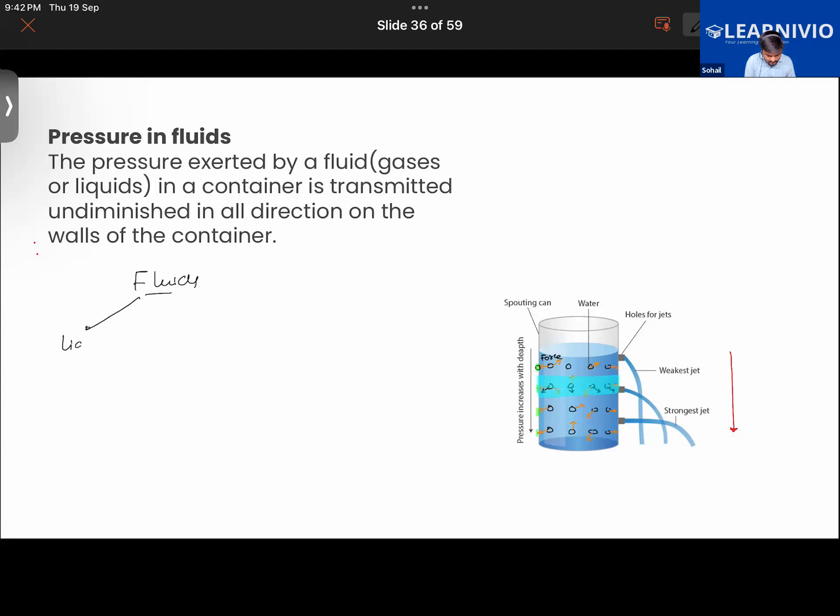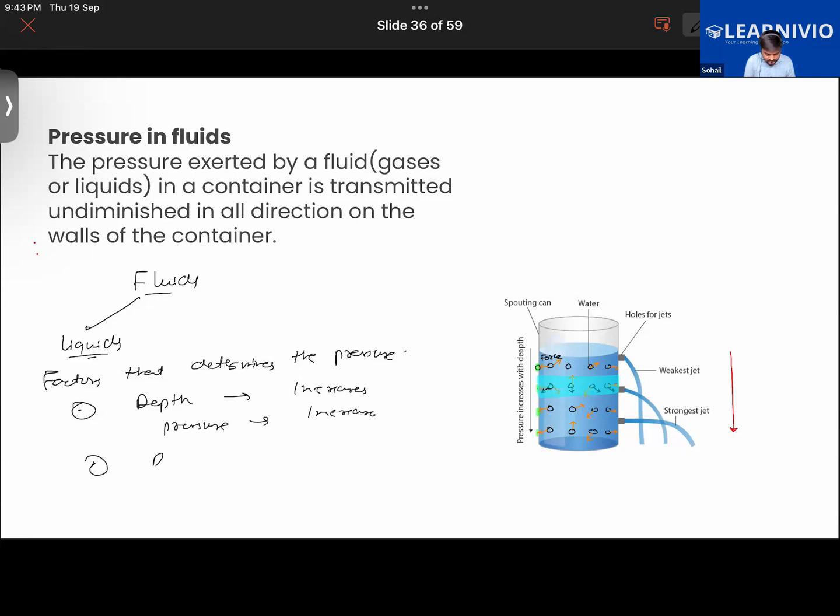Talking about liquids, the factors that determine the pressure are as follows. The first thing is the depth of the liquid. As the depth increases, the pressure also increases. That is one thing. The next thing is the density.